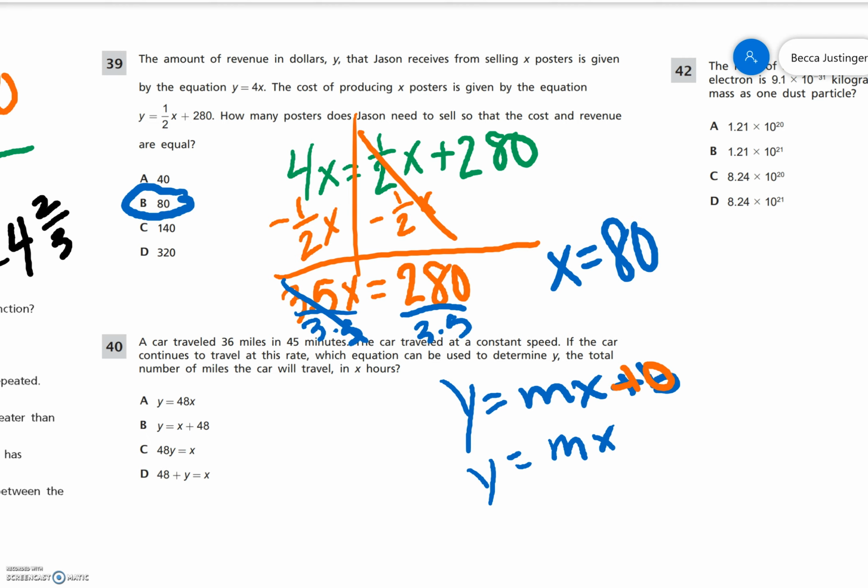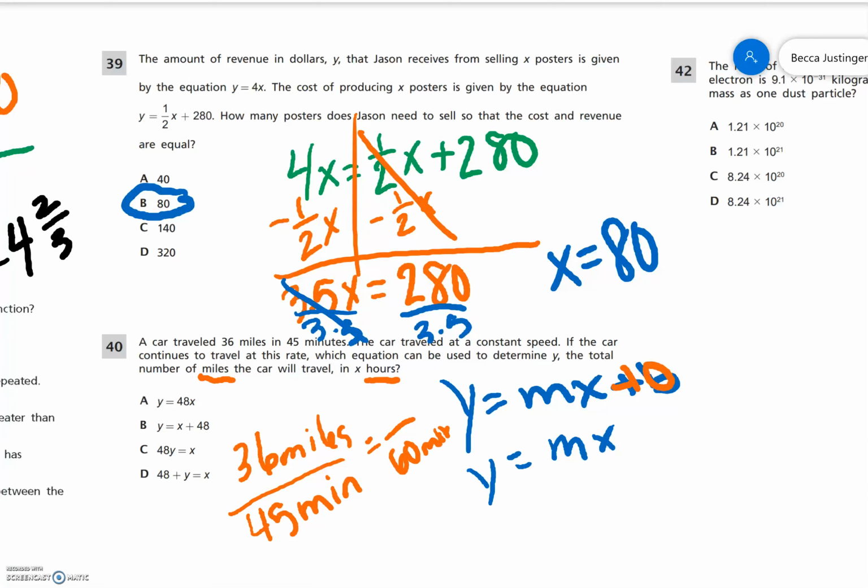So we need to just find the rate, but you have to be careful. Miles per hour. They gave us miles in minutes. So 36 miles happens in 45 minutes, but we want to know how many miles do they go in 1 hour. Well, 1 hour is the same as 60 minutes. We want to know the number of miles, x miles. So we cross multiply. Have to do 36 times 60.